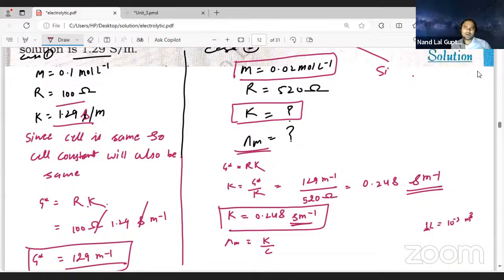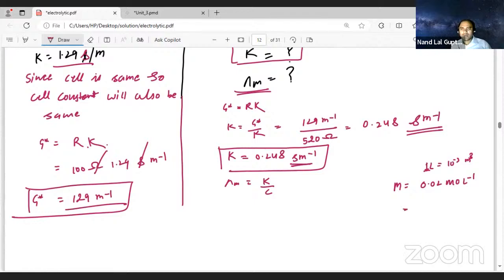That is what I'm saying. So see here, the molarity they have given is 0.02 mole liter inverse. That means we can write 0.02 mole upon liter. At the liter, what can we write?